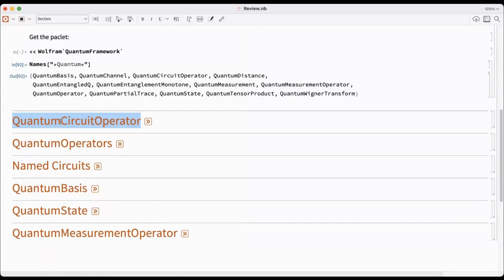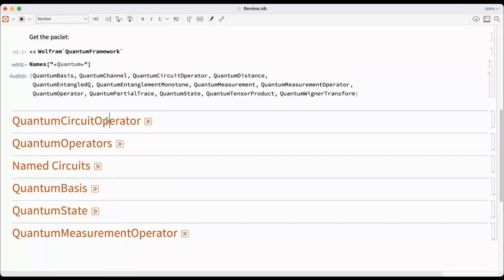By experience, we learned that maybe this is not the best approach, starting from the very first fundamental ideas and telling people how to do the constructions and so on. That's why, very recently, we decided to do a reverse approach. So I'm gonna start from the very end, quantum circuit operator, because many of you are interested to learn how to deal with the circuit, how to construct your circuit.